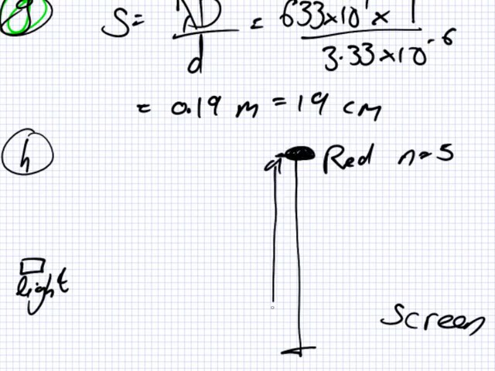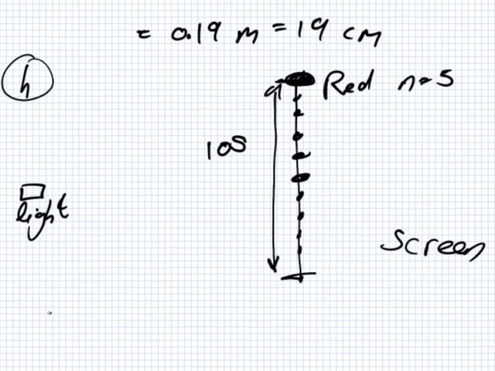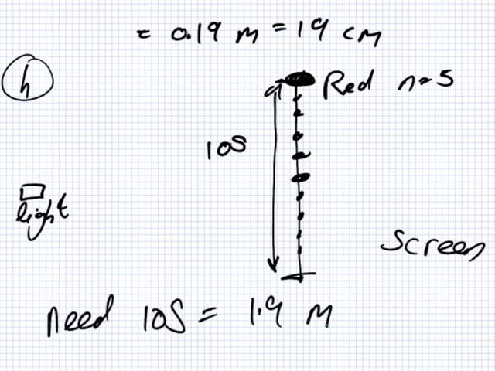So how many separations is that? That's 10 S. You'll have 0, 1, 2, 3, 4, 5, and 0, -1, -2, -3, -4, -5. There's 10 separations there. So you would need at least 10 S, which is 1.9 meters.